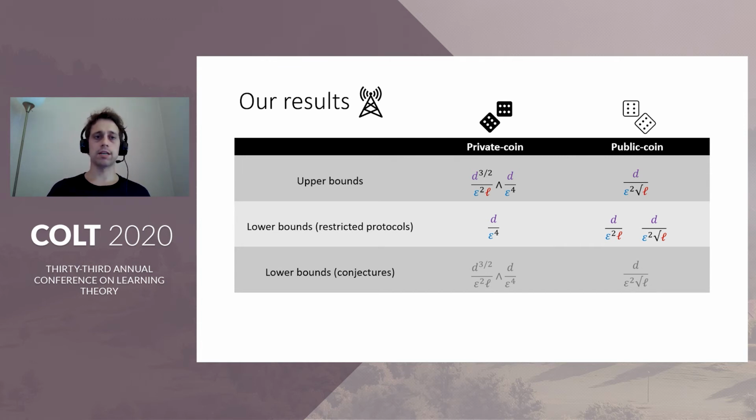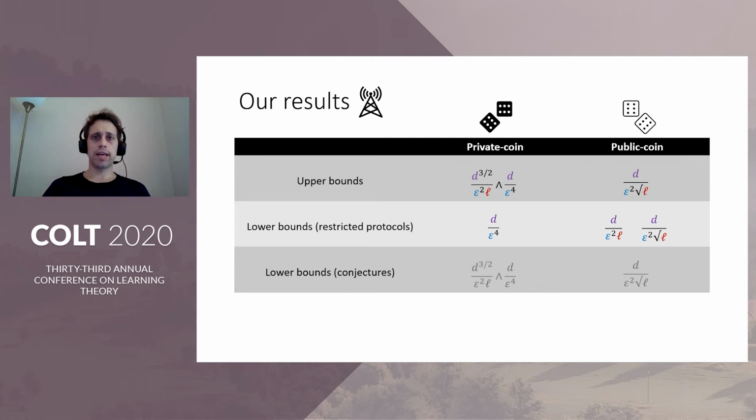The lower bounds are specified here. It might seem a bit strange the way they're phrased, but essentially the first one, D over epsilon 4 for private coin protocols, is for a restricted class of protocols that is natural, but amounts to forgetting about some information about the samples.